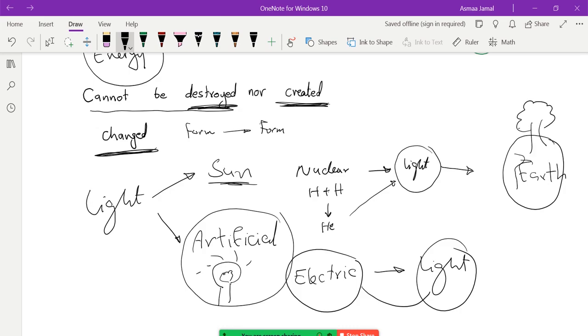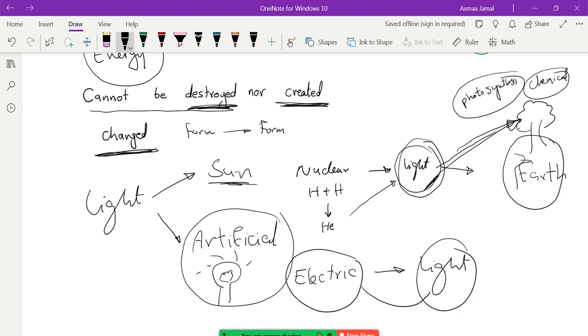They will capture the light and change it again from light energy into chemical energy, in a process we call photosynthesis, which means we change the light again from this form to another chemical form. Here we change the light into a chemical compound, which is glucose.